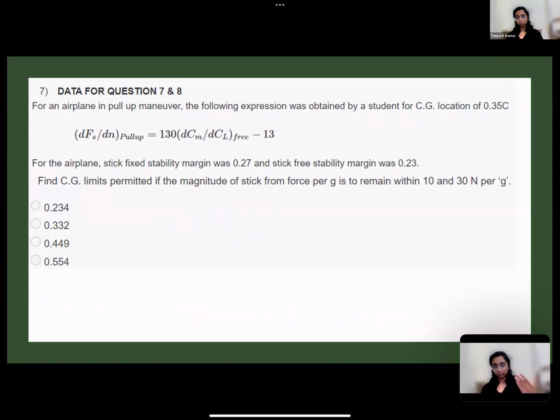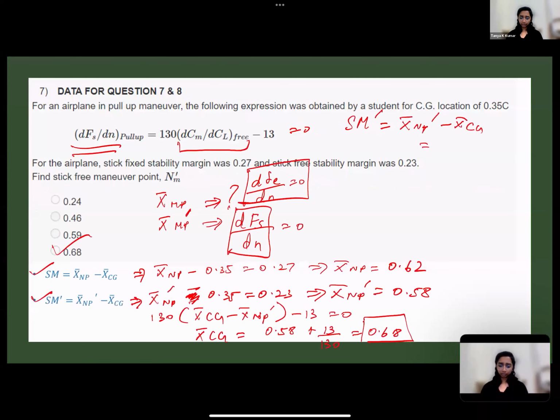You can either push or pull. Push is positive. Is Fs positive or negative?